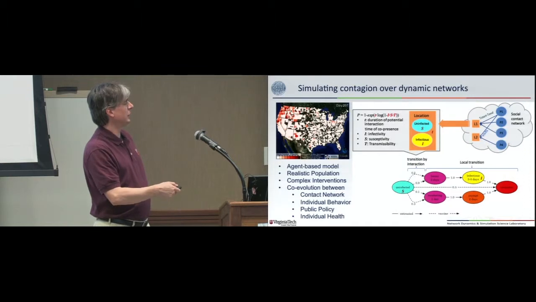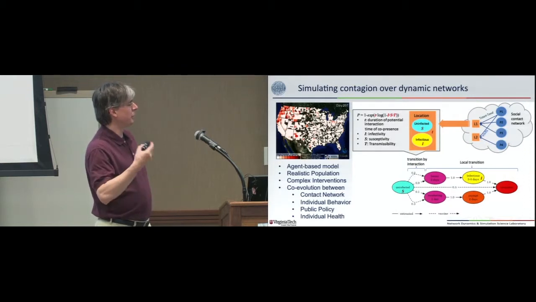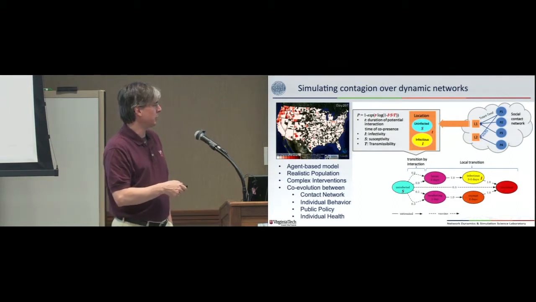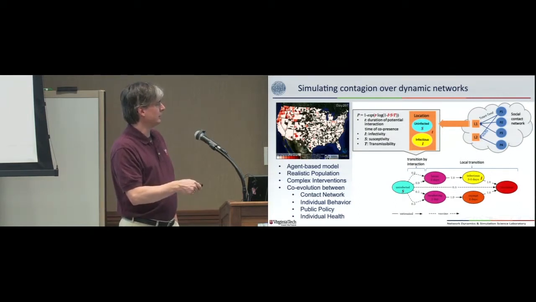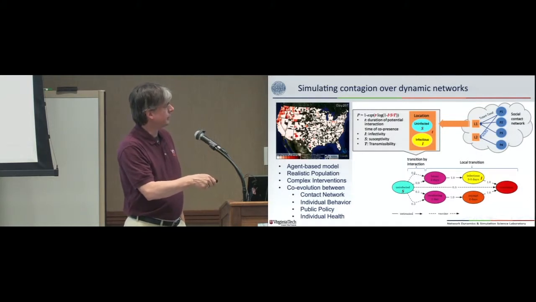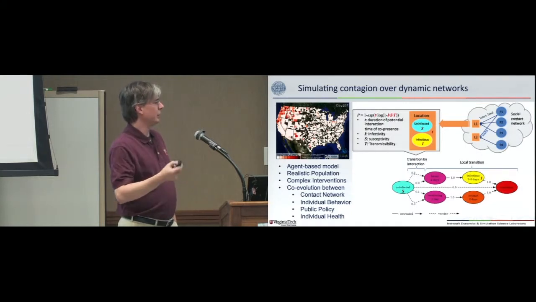Here we have a sample disease model, a within host disease model. This is a simple example, some can get more complex, but people start out as uninfected. They can go to either a symptomatic or asymptomatic state. I guess those are over here. And then eventually they recover.